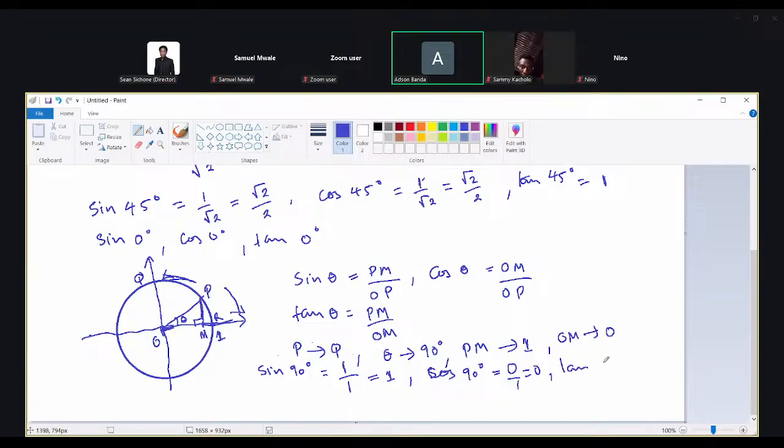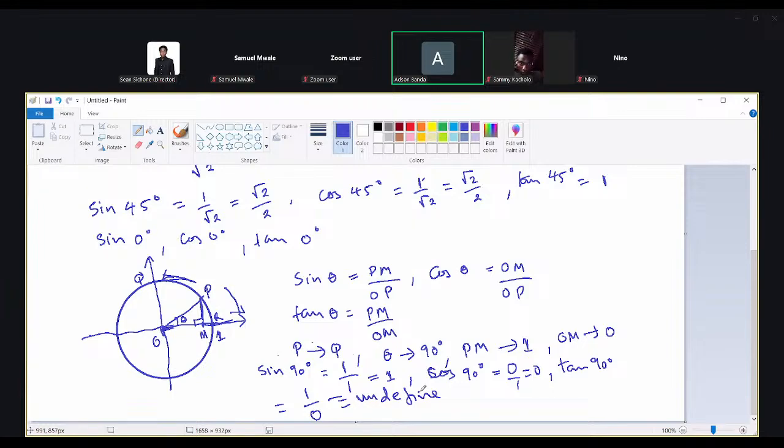What about the tangent of 90 degrees? You can see that it will be 1 for PM and 0 for OM. So this is undefined. The tangent of 90 degrees is not defined, so just say it is undefined.